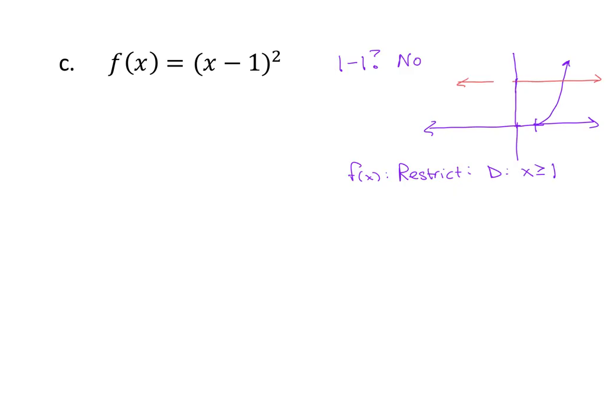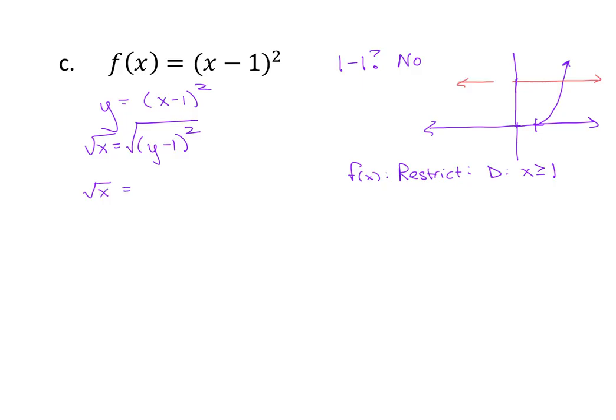Okay, so we're going to go ahead and find our inverse function. We get y equals x minus 1 squared. We flip our variables, and we solve for y. So I am going to take the square root. Now generally when we take the square root, we include plus or minus.